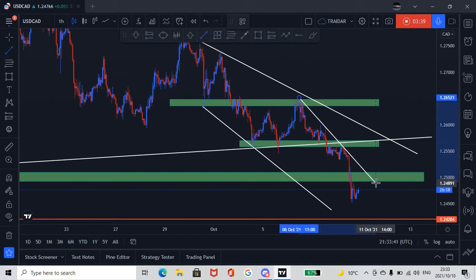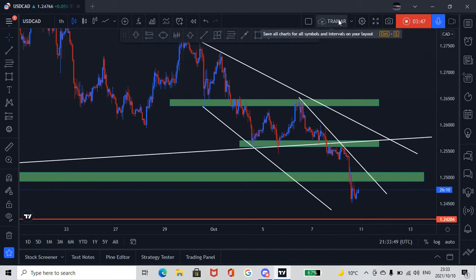It has to land this way. So I've identified a whole lot of key areas.